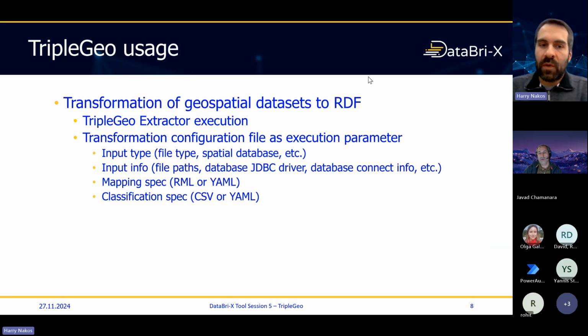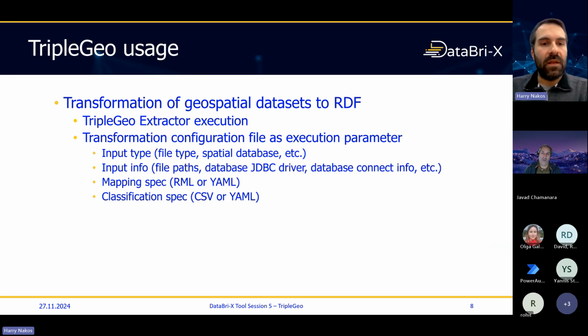And the most important thing that is provided in this configuration file is the mapping specification for converting the attributes to RDF, and the classification specification for using a classification scheme. For the mapping, the RDF Mapping Language, RML, or a YAML specification may be used.